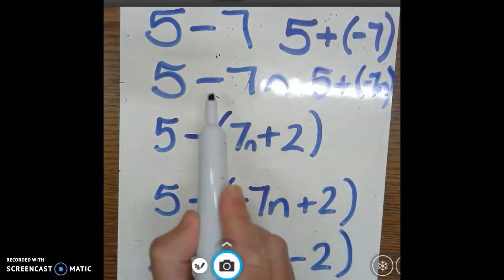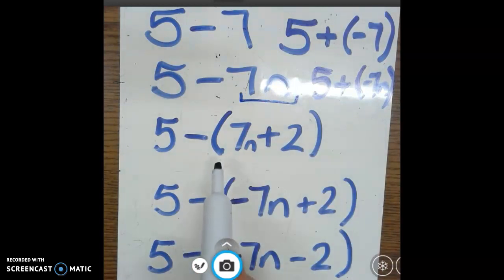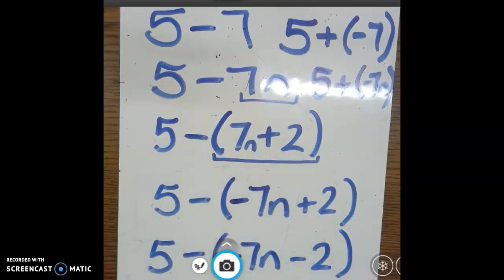Now let's say instead of subtracting one term, we're subtracting an entire expression, okay? When we're subtracting an entire expression, we're still adding the inverse of this expression, okay?